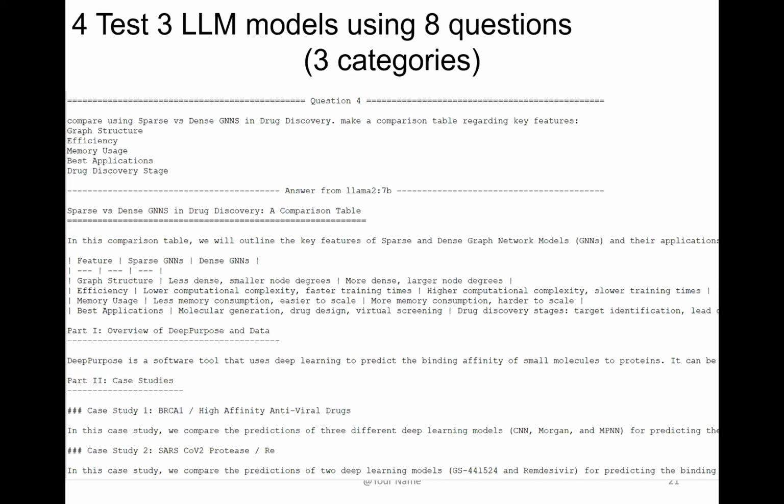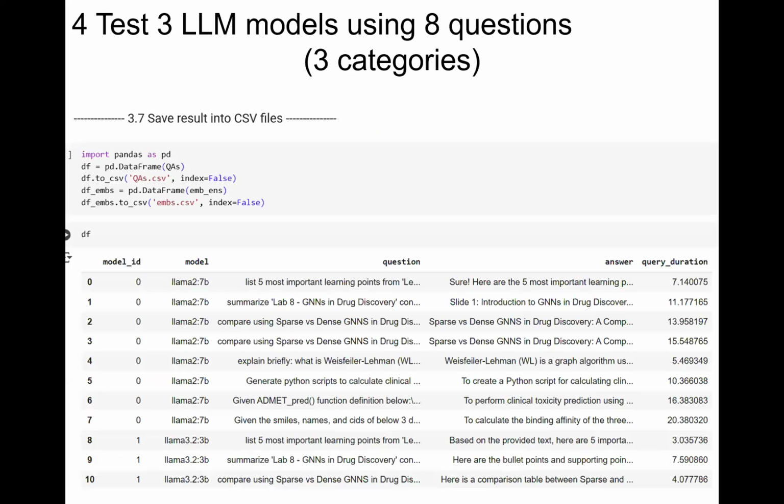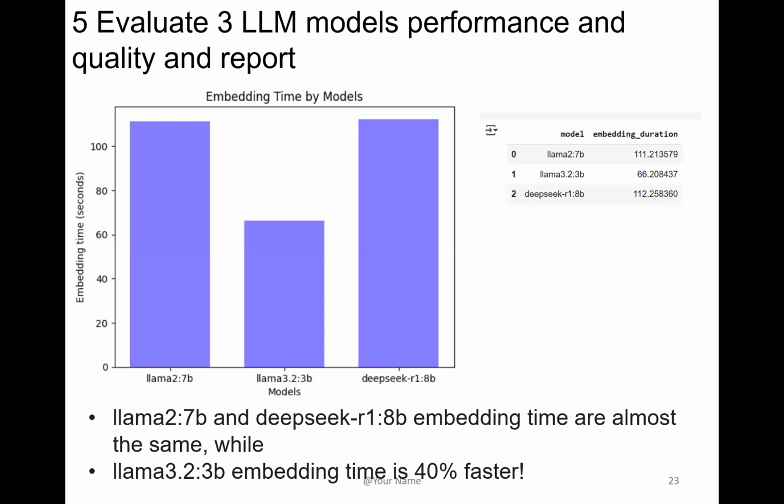And LLaMA 3 and DeepSeek R1 also give the answer. And then we save the responses into a CSV file in case the session gets restarted. We can just load this one to do the result analysis.